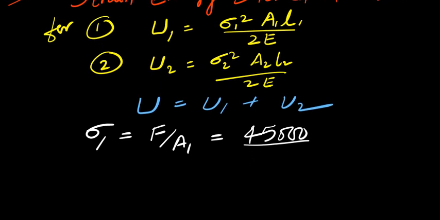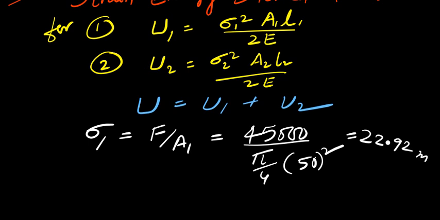For a bar it is pi by 4 d square, with d equal to 50. Calculating the stress, I got 22.92 Newton per millimeter square. The stress unit is Newton per millimeter square.